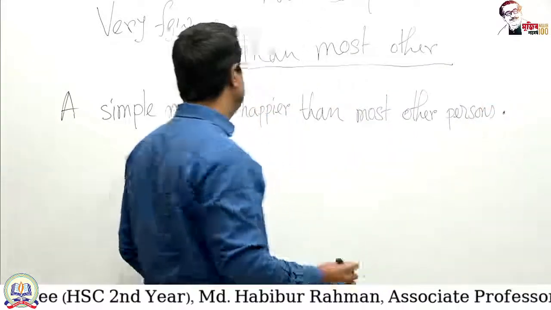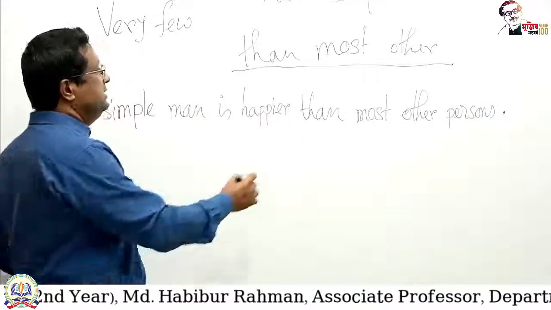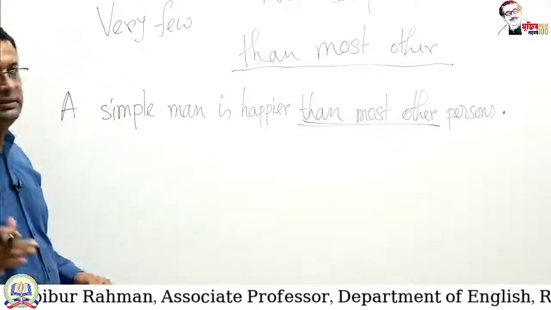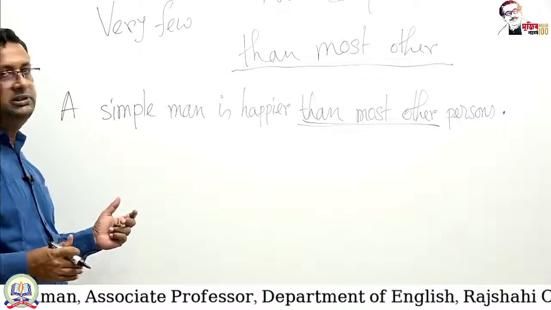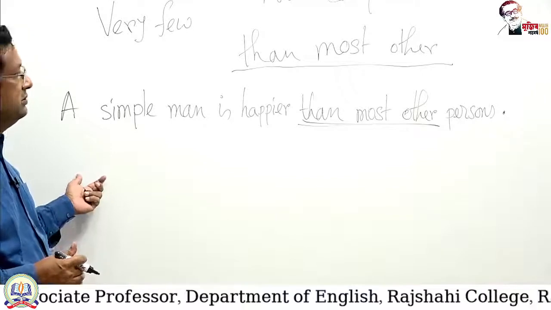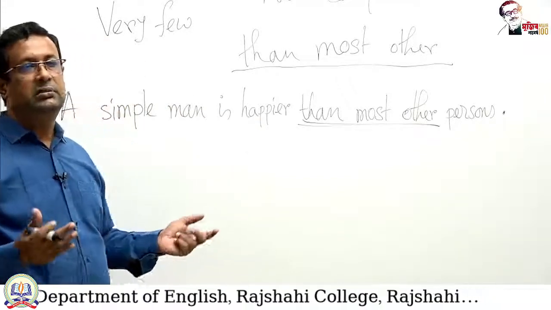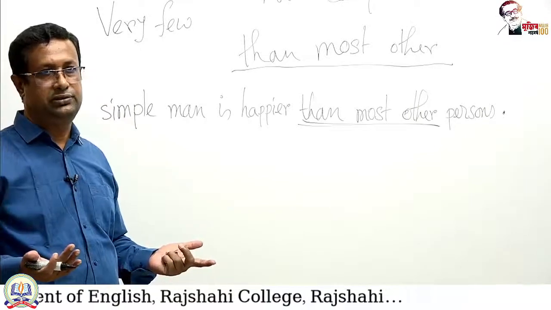Okay. So, you see than most other here. If you find this, you have to start in positive degree with very few. So, than most other persons will be changed into very few persons. Okay.